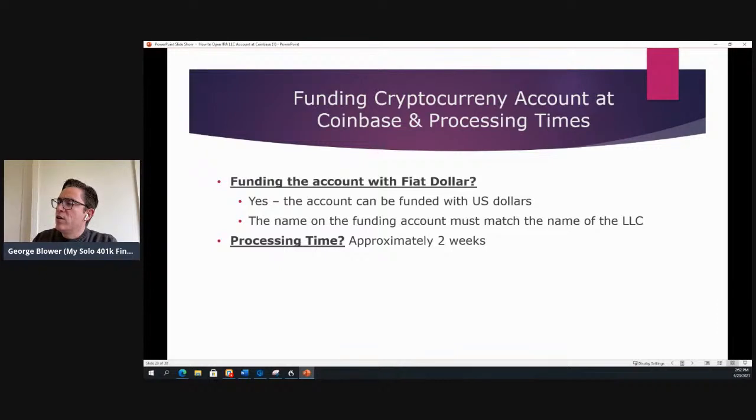Next question. Can we apply the same concept but for equities and options trading through Interactive Brokers or TD Ameritrade? So good question. So in the context of an IRA LLC, there's nothing prohibiting you from opening up a brokerage account in the name of the LLC that's owned by your IRA. So certainly the concept that you would do that in the name and the EIN of the LLC does apply.